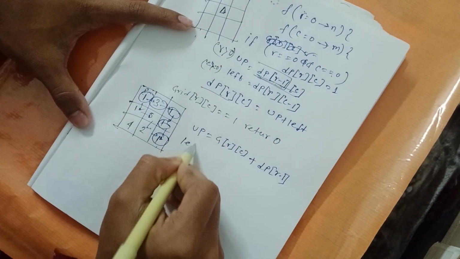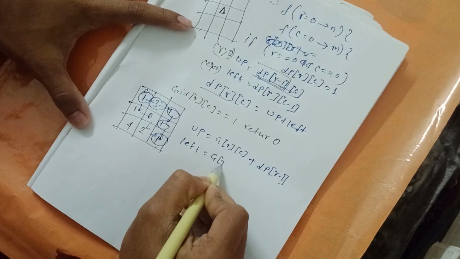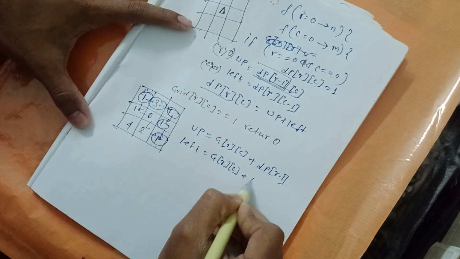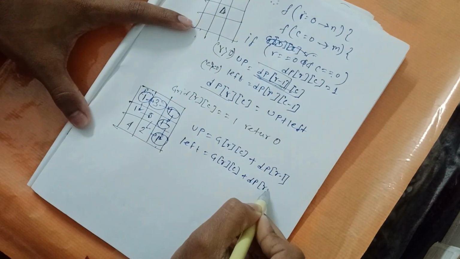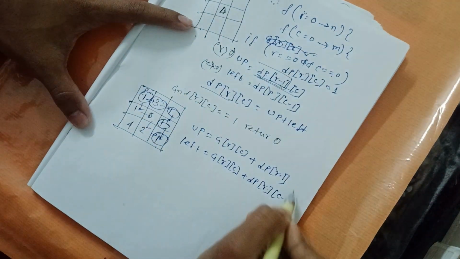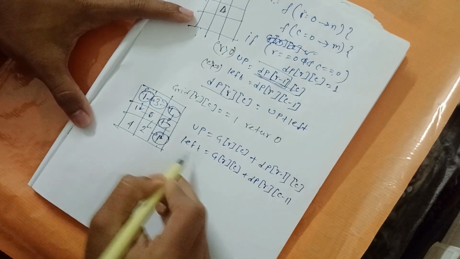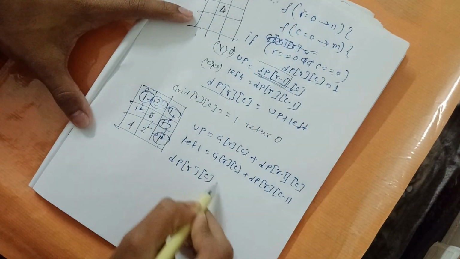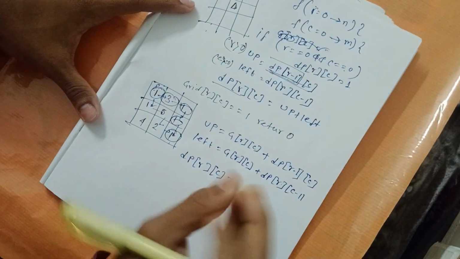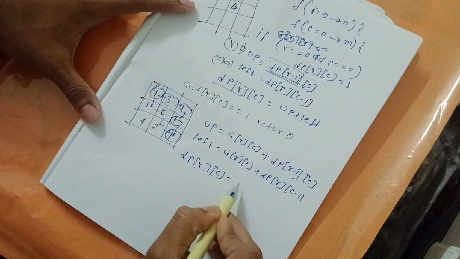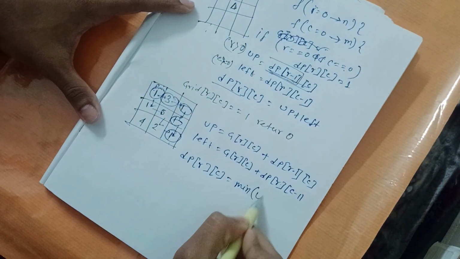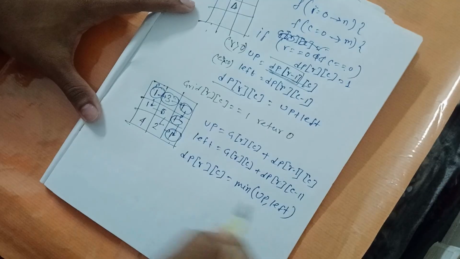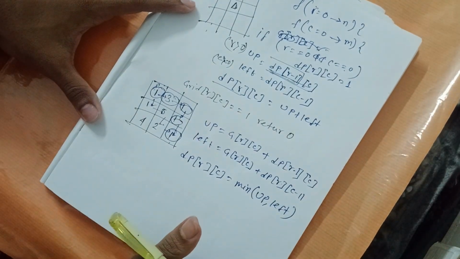And for left, same: grid[r][c] plus dp[r][c-1]. Last, what you return is dp[r][c] equal to the minimum of up and left. This is the minimum path sum problem. Okay, this is the same problem.